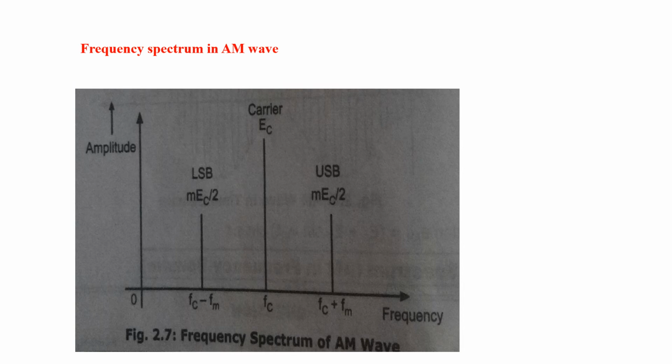The lower sideband frequency is denoted as Fc minus Fm, and the upper sideband frequency is denoted as Fc plus Fm. For the frequency spectrum, we plot the graph of amplitude versus frequency.